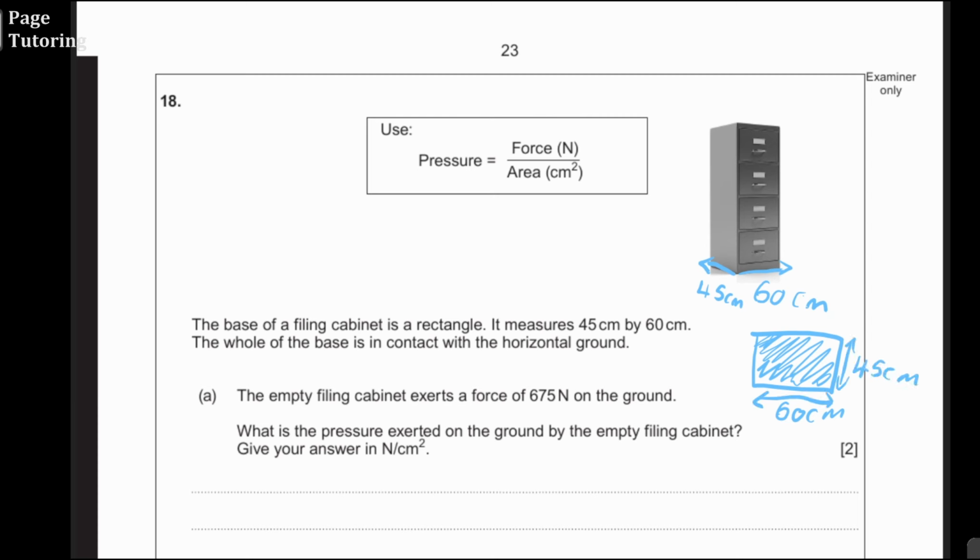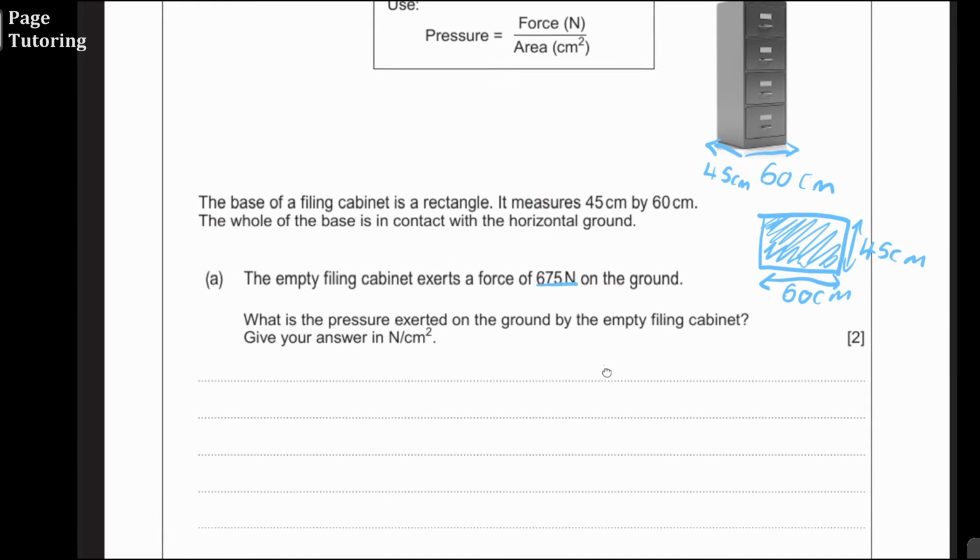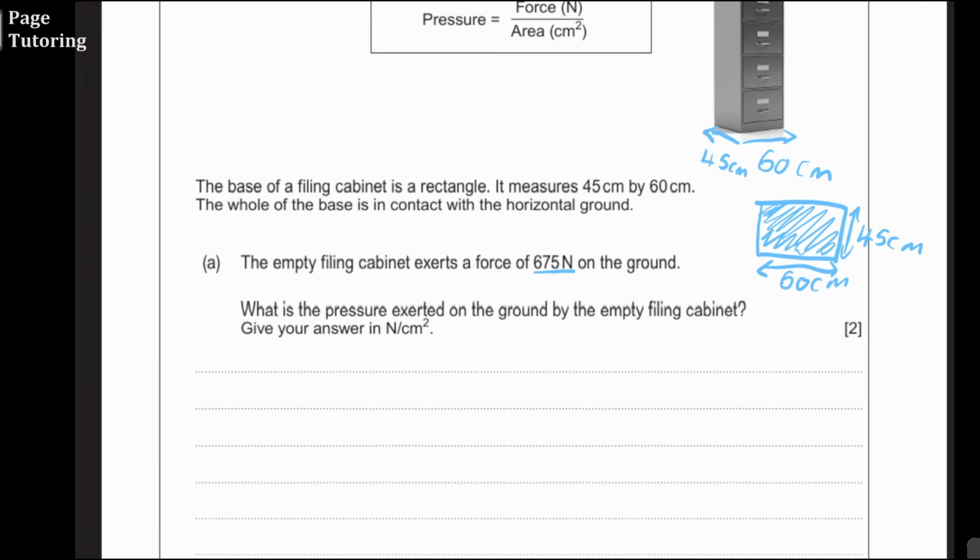Part A. The empty filing cabinet exerts a force of 675 newtons. And newtons is force, we can see we'd plug that into the equation here. It says it's exerting that on the ground. What is the pressure exerted on the ground by the empty filing cabinet?